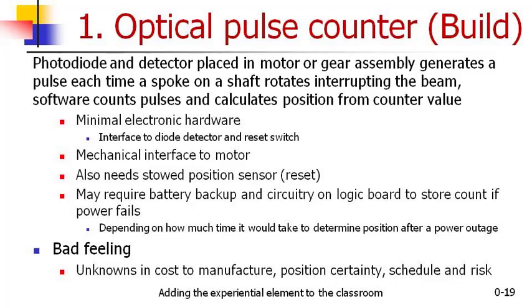It does need a mechanical interface to the motor, which is unknown at the moment. It also needs a stowed position sensor, so you need a micro switch on the mirror that is going to be used out in the field. So it's not just a simple switch, it's got to be sandproof and weatherproof and all that kind of stuff.